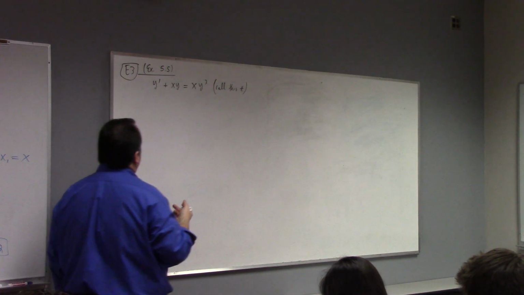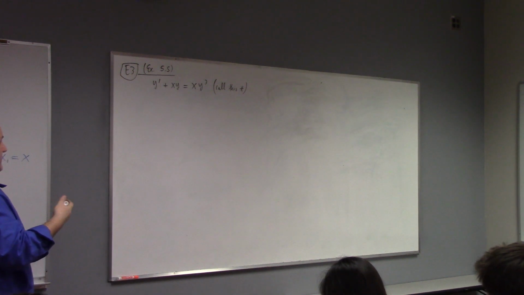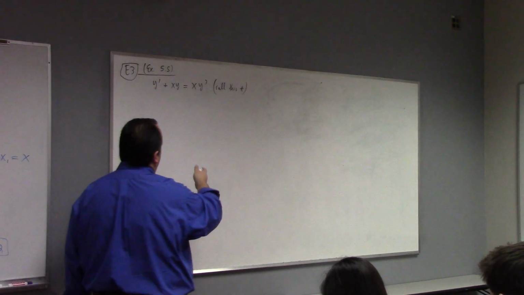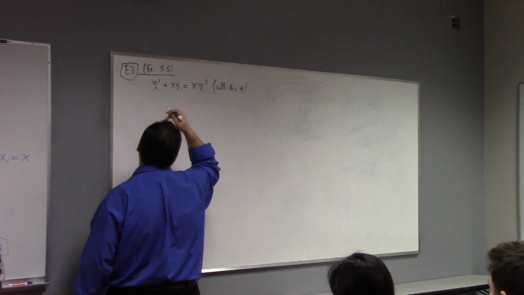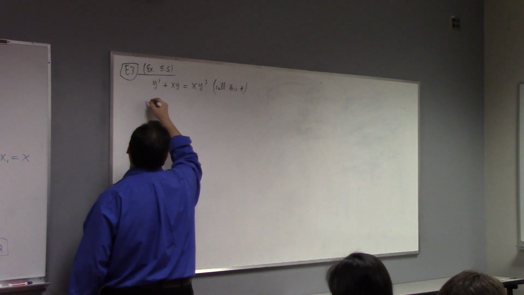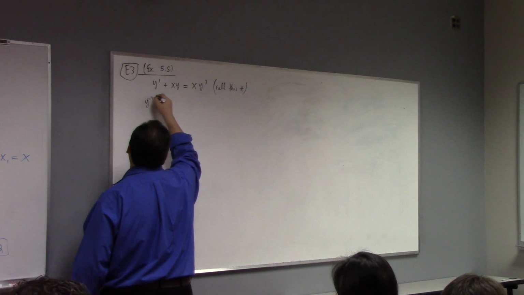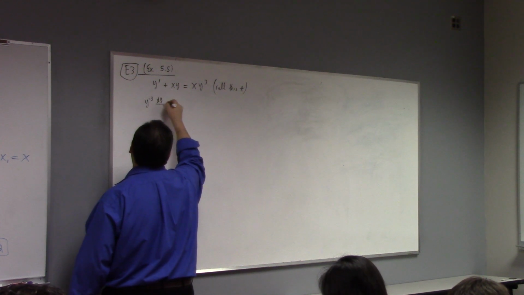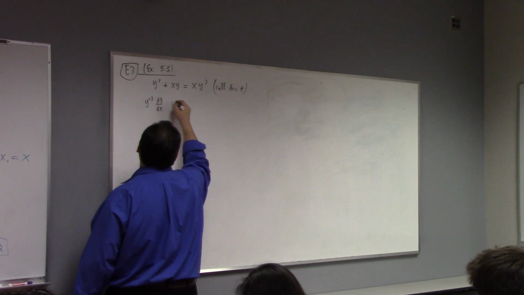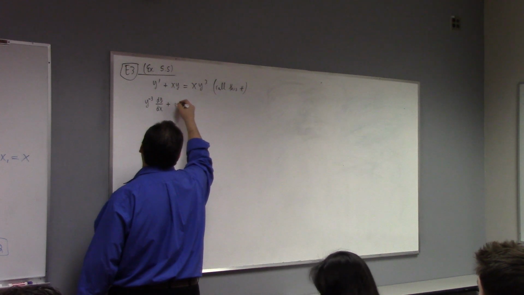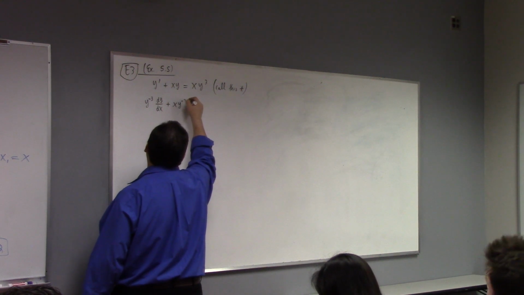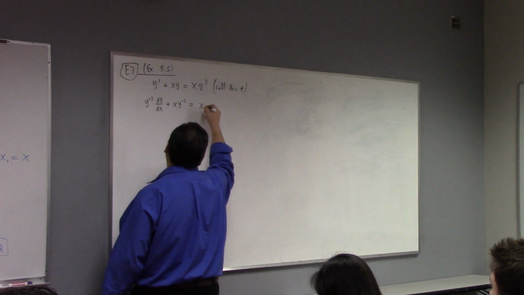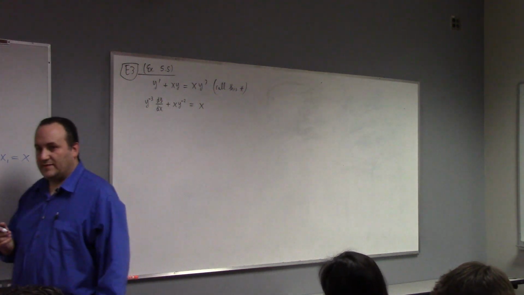So here we take the somewhat novel step of dividing by y cubed. I'm going to rewrite this as y to the minus 3, and I'm going to put the y prime as dy dx so you can see it better, plus x y to the minus 2 equals x. So I just divided by y cubed, basically.